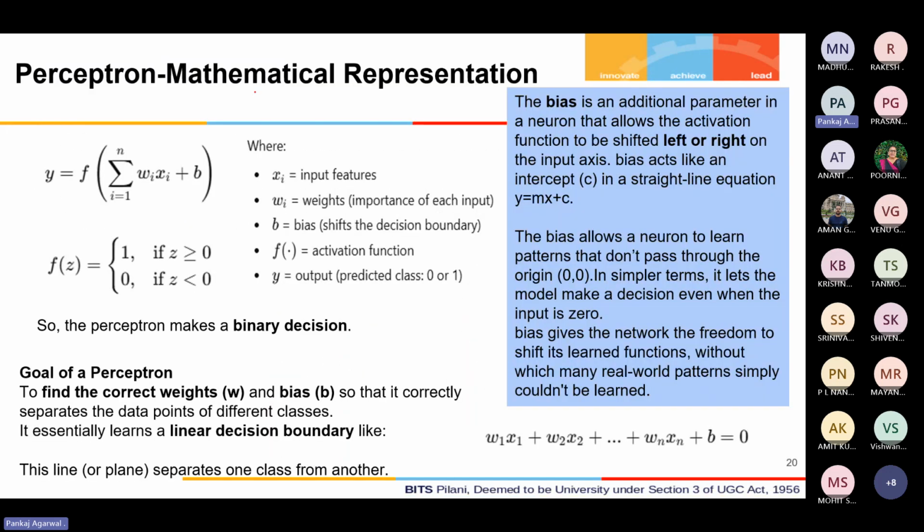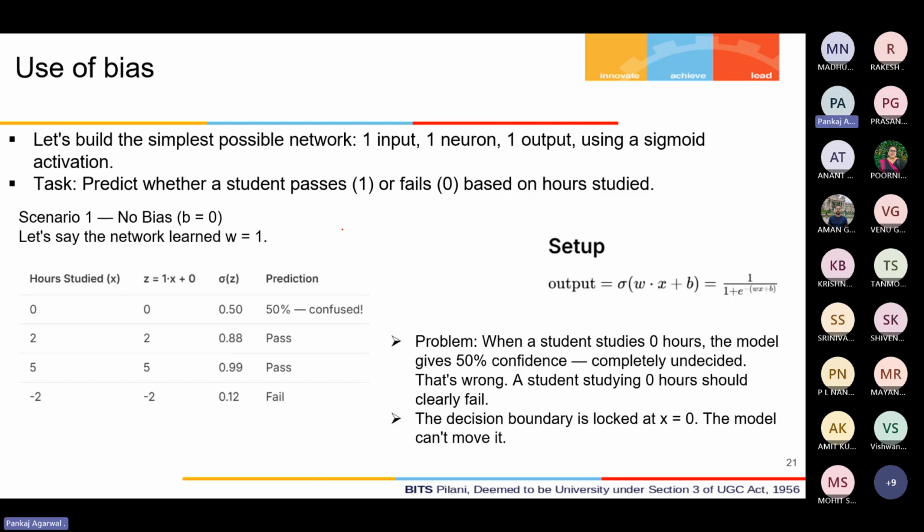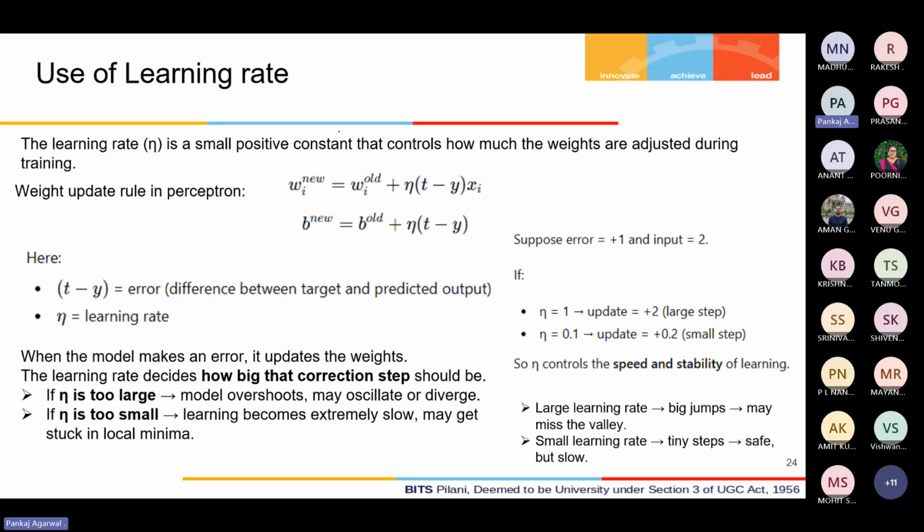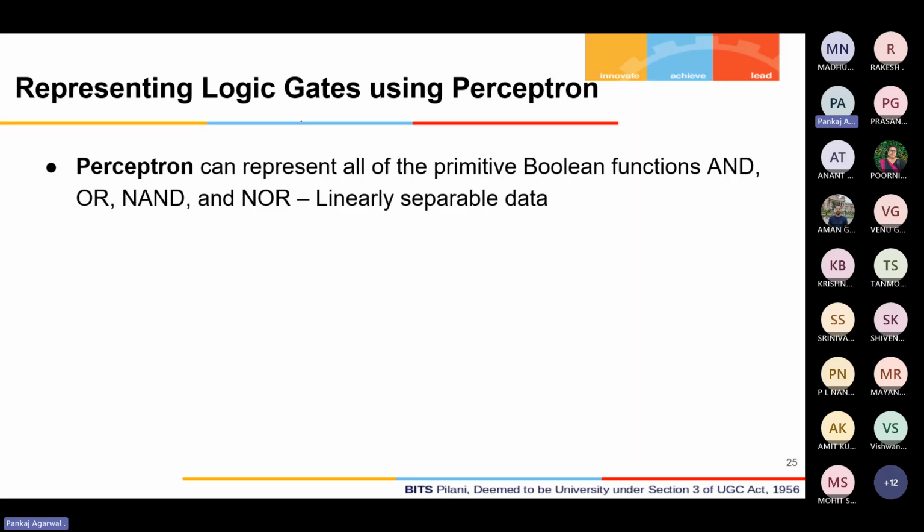Then we talked about the entire mathematical representation of the perceptron. We talked about the usage of bias and all those things, learning rate. So these are some of the parameters which are important. And then eventually we started using the perceptron for solving simple problems like logic gates.